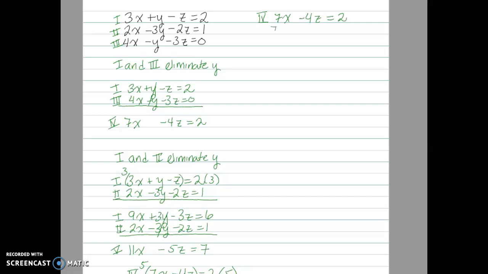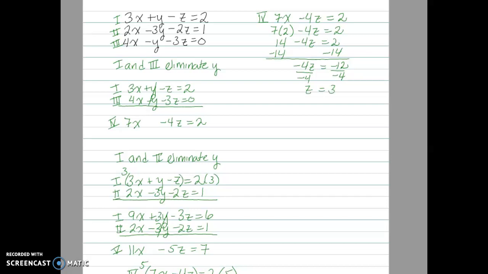I'm going to substitute in the value of x, which is positive 2, and then go ahead and find the corresponding value for z. So here I'm just solving just like I normally would. One equation, one variable, just isolate that variable. And I have z is equal to positive 3.